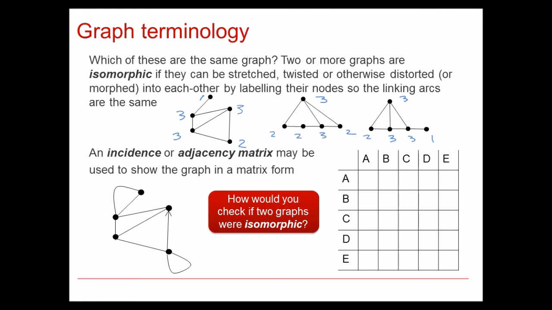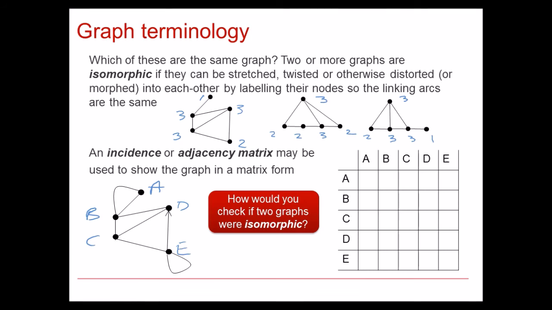So how would we check if 2 graphs were isomorphic? Well, we might use an incidence or adjacency matrix. Let's look at this graph here. If we label the nodes A, B, C, D and E, we can complete a matrix to show the relationship.